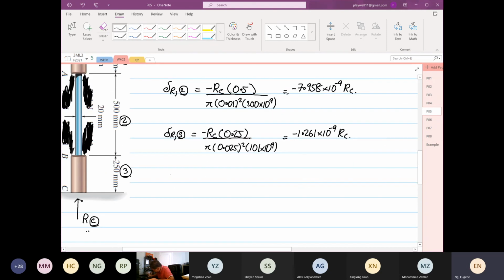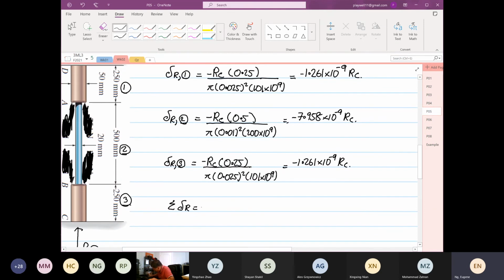The summation of the deflection due to the redundant load, you add all of them: minus 1.261 times 10 to the power minus 9 RC, minus 7.958 times 10 to the power minus 9 RC, minus 1.261 times 10 to the power minus 9 RC. This is equal to minus 10.48 times 10 to the power minus 9 RC.